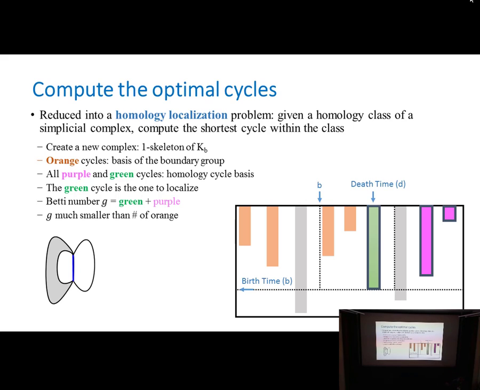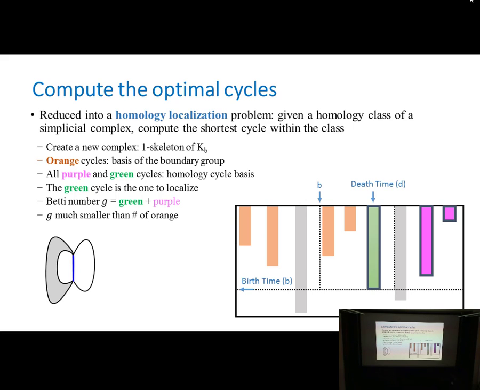And there's a rationale behind it. Remember, we had the assumption that the Betti number has to be bounded to make it work, right? In this case, it's actually not a bad assumption. Why? The green ones that we really care about are the ones with reasonably high persistence. And furthermore, if you look at each purple column, this purple column dies after this D time, and it's born before the B time. Okay, what does that mean?